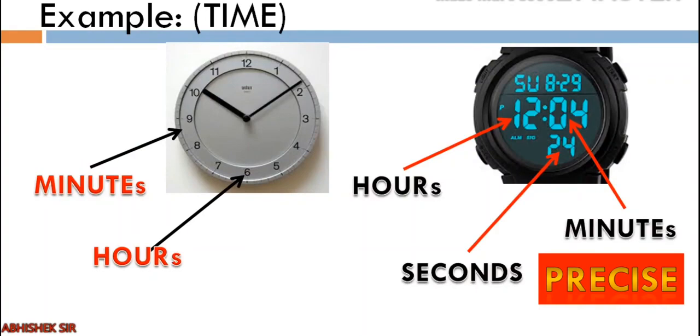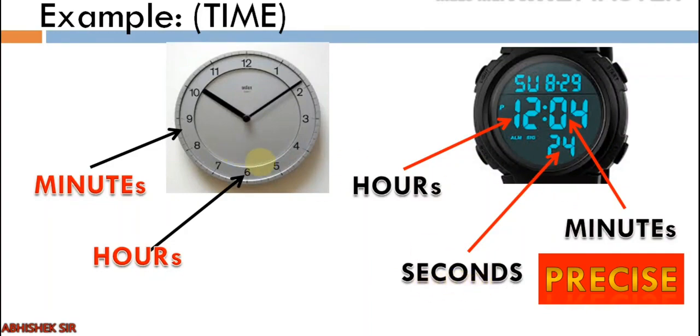Now let us see another example of precision. On the screen you see there is a clock on the left hand side which can measure hours and minutes. So the minimum measurement that it can do for time is in minutes. Clear? On the right hand side we have a digital watch which can measure hours, minutes, as well as you can see it can also measure seconds.